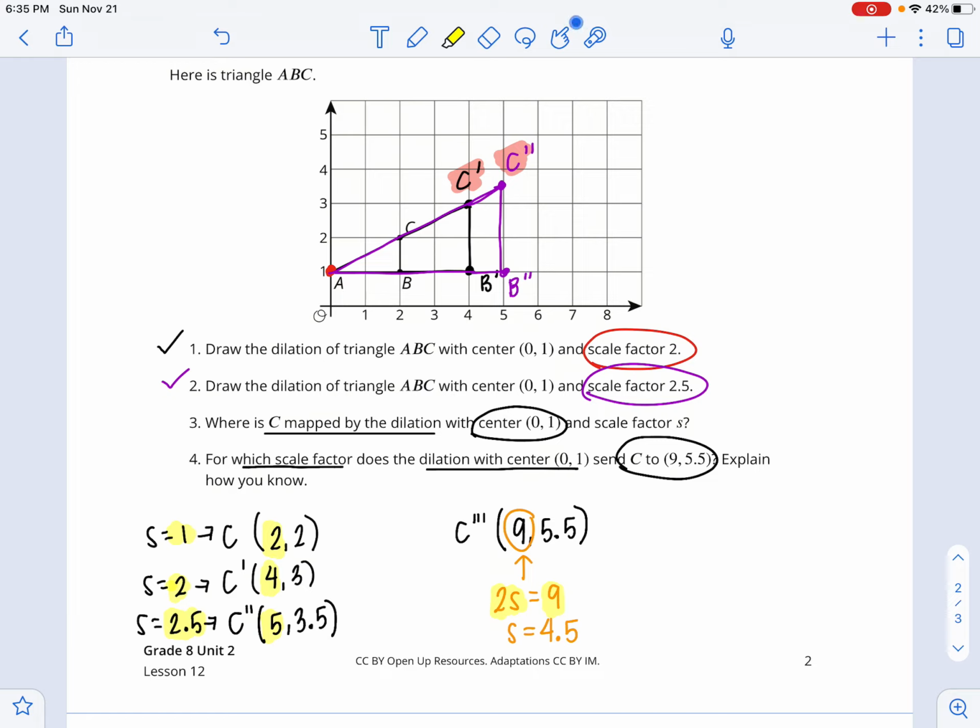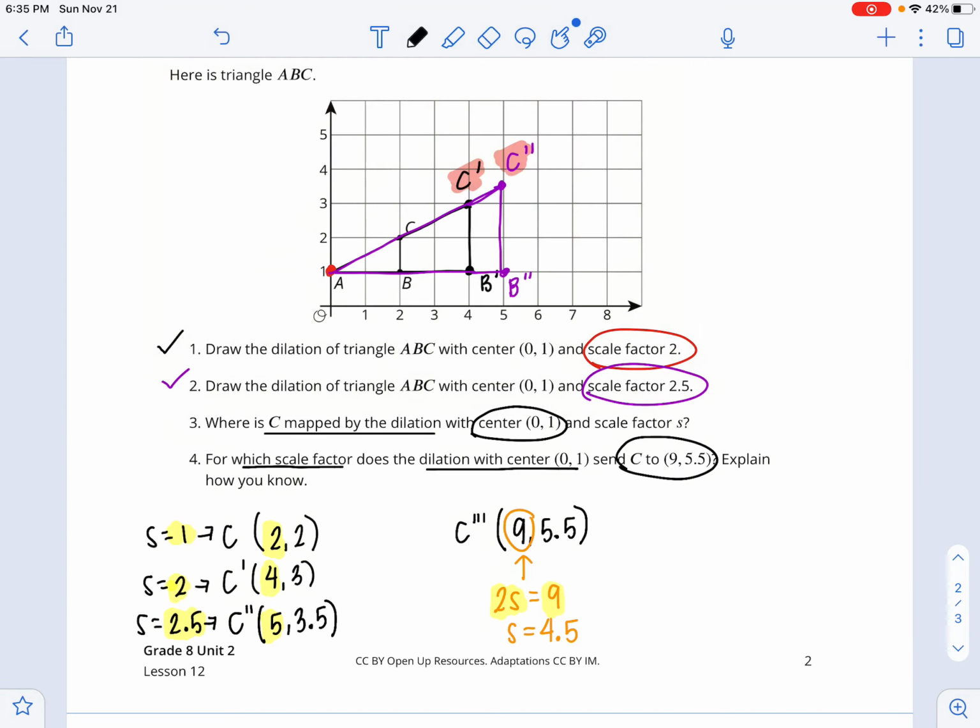And you might also notice a pattern with the y-coordinate. When the scale factor is 1, the y-coordinate is 2. When the scale factor is 2, the y-coordinate is 3. When the scale factor is 2.5, the y-coordinate is 3.5. When the scale factor is 4.5, the y-coordinate is 5.5.